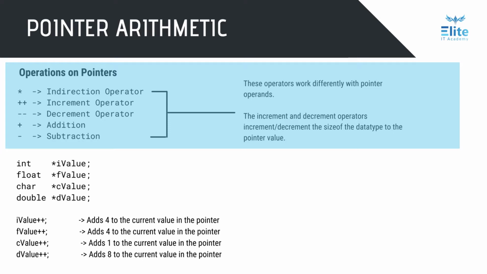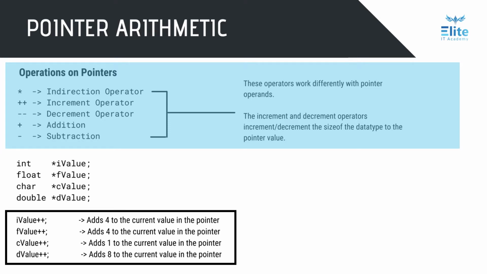Given a pointer variable, any of the four operations plus plus, minus minus, plus, and minus will add or subtract a value to the pointer. The value depends on the type of the pointer. So for an int pointer, plus plus and minus minus will increment or decrement a value of 4.